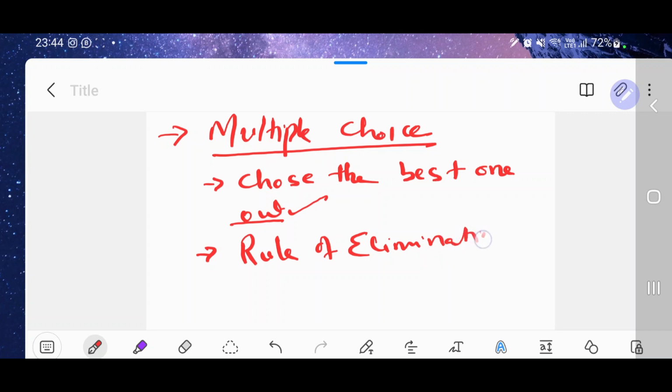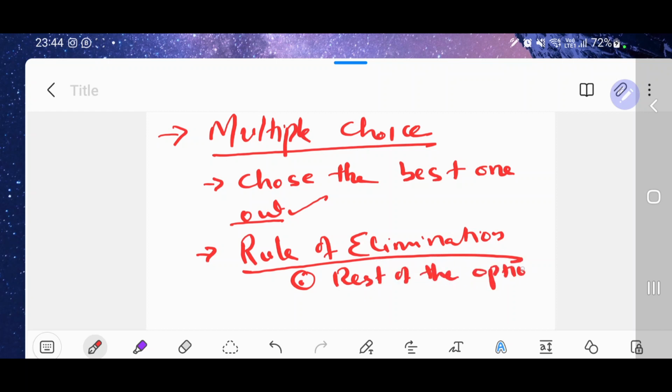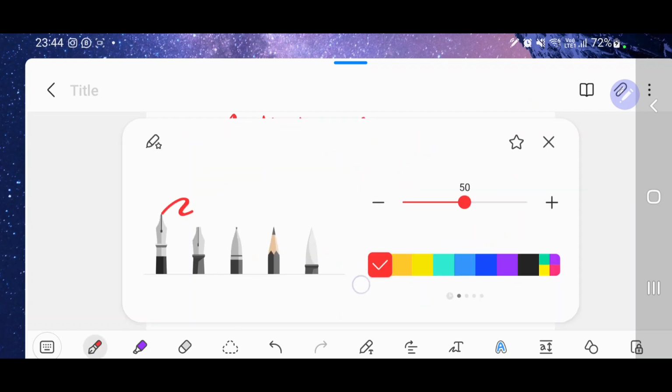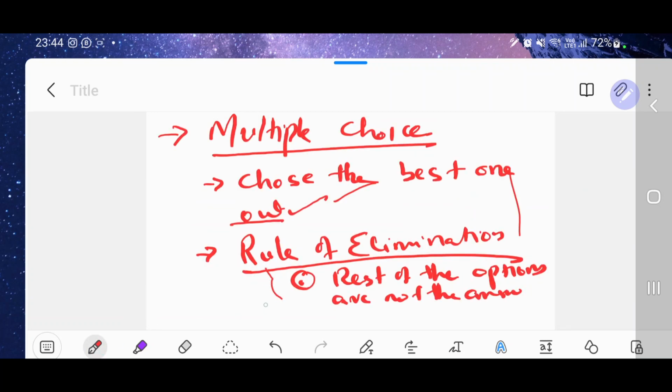Before you select your answer, make sure the rest of the options are not the answer. Keeping in mind the best one and eliminating the rest can be helpful for you.